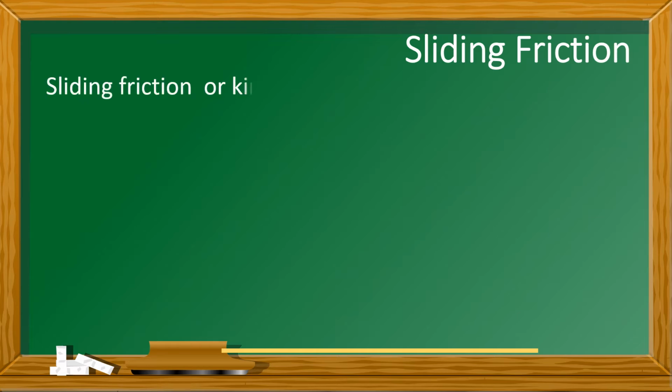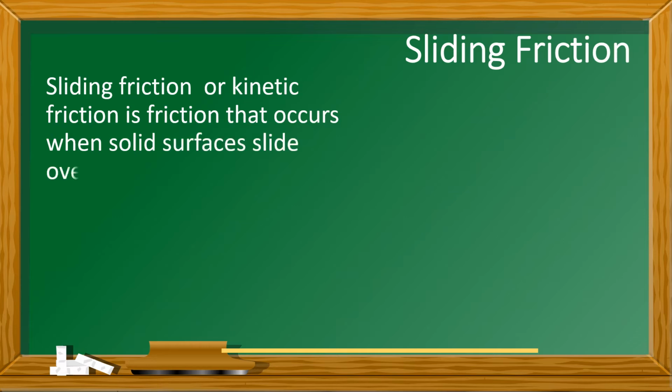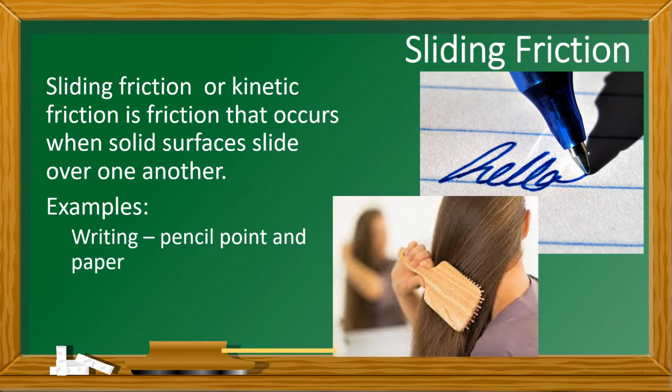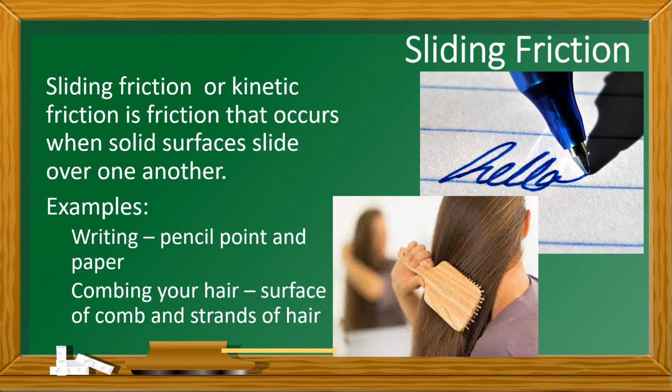So sliding friction or kinetic friction is friction that occurs when solid surfaces slide over one another. Examples of these are writing, in which the sliding friction is between the pencil point and the paper. Or when you are combing your hair, in which the sliding friction is between the surface of the comb and the strands of your hair.